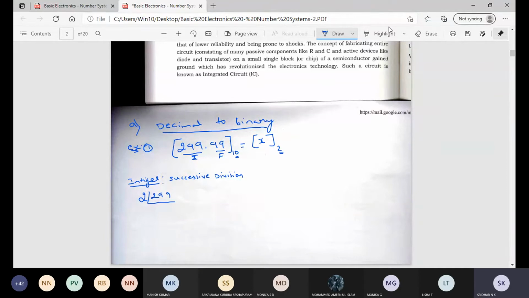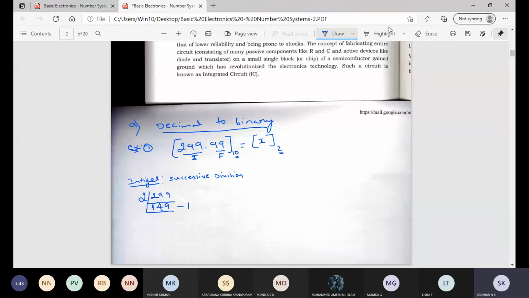So what will be the quotient and remainder here? 299 divided by 2. What will be the answer? It is 149, correct? 149 is the quotient. And what will be the remainder? 1.